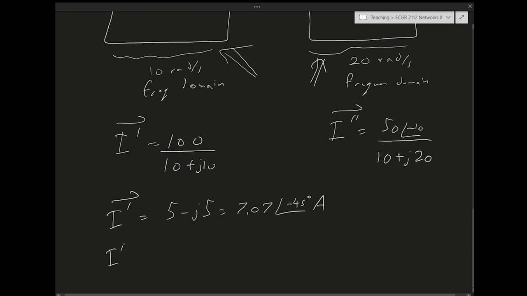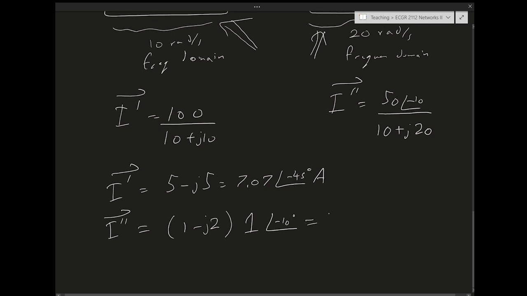And then I double prime equals 1 minus 2 minus j2, that's 50 over 10 plus j20 times 1 minus 10 degrees.